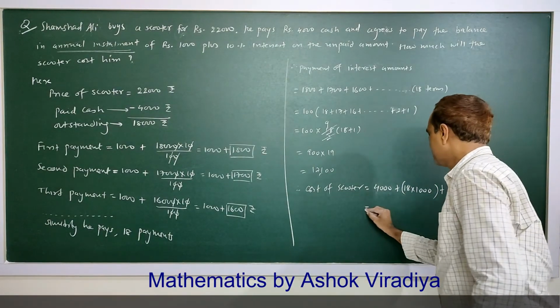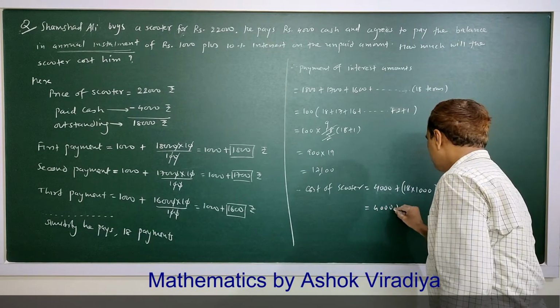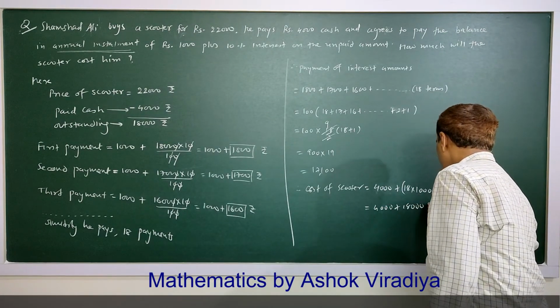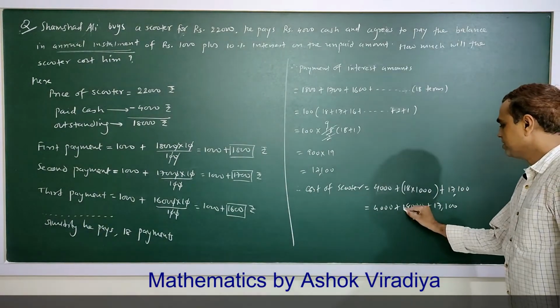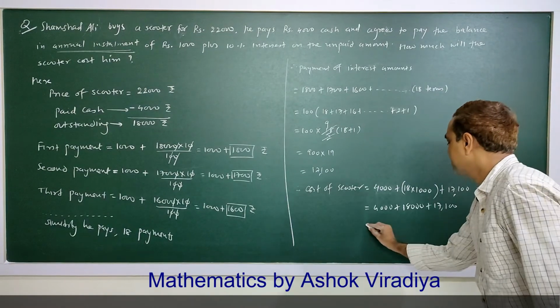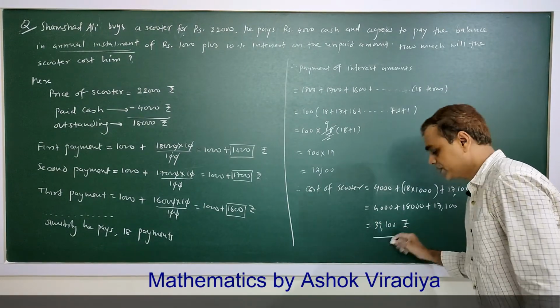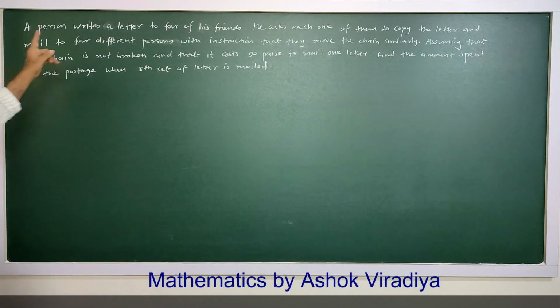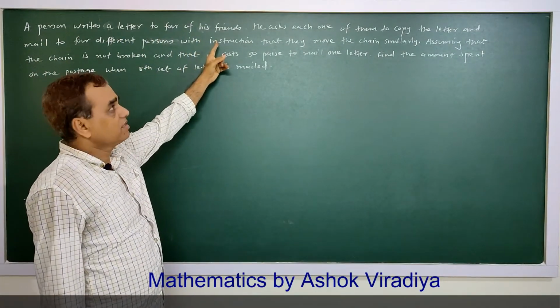So this is 4,000 plus 18,000 plus 17,100. So this is 22,000 plus 17,100. So 39,100 rupees.